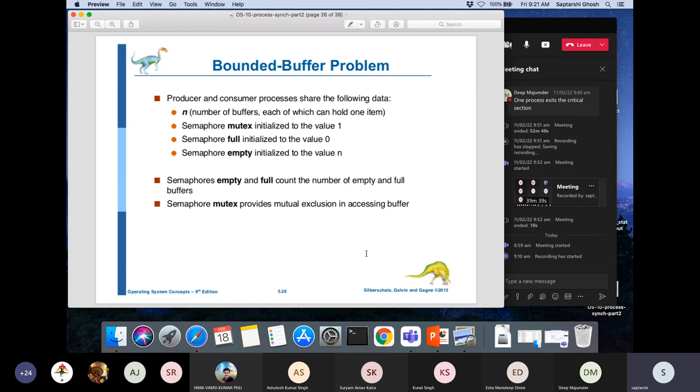Again, let me repeat. Take the word simultaneously with a pinch of salt. Actually, this is not happening simultaneously. In a uniprocessor system, at one point of time, only one process is running.